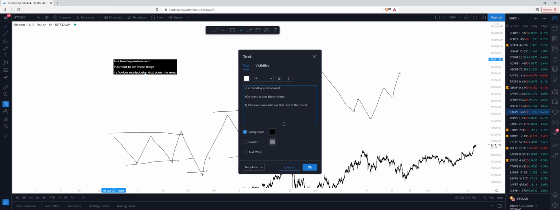Okay. Obvious manipulation that starts the trend. And then you want to see price revisit the manipulation and reaccumulate. Okay. Then after that reaccumulation, you want to see an expansion away.